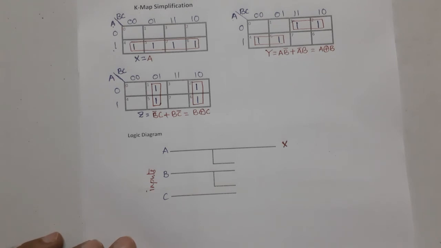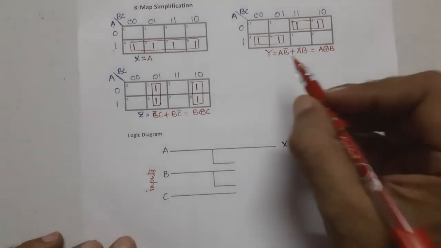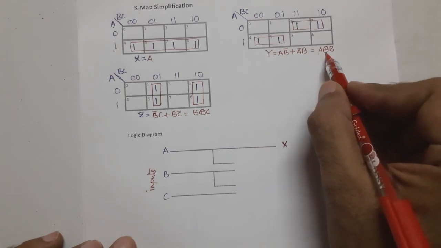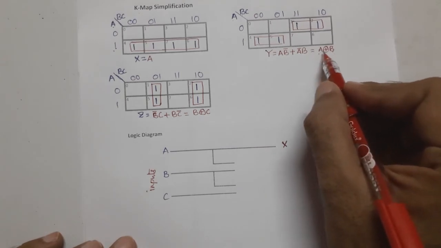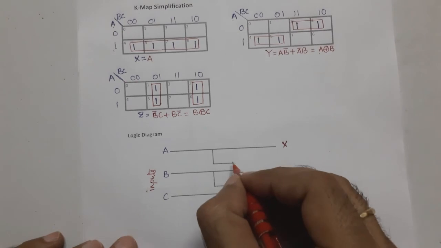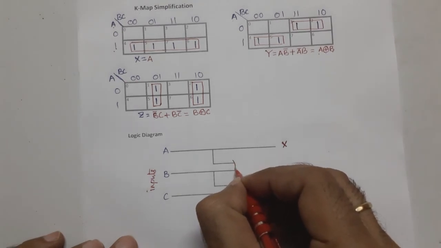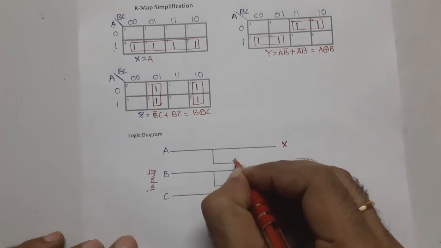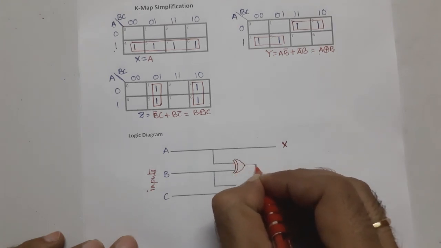And come to the next one, Y. Y is nothing but A XOR B. Now here this is an XOR gate.